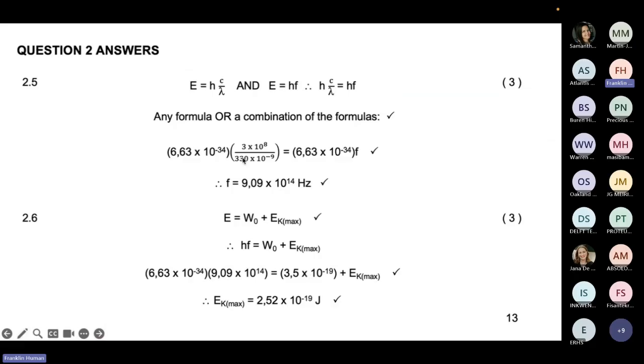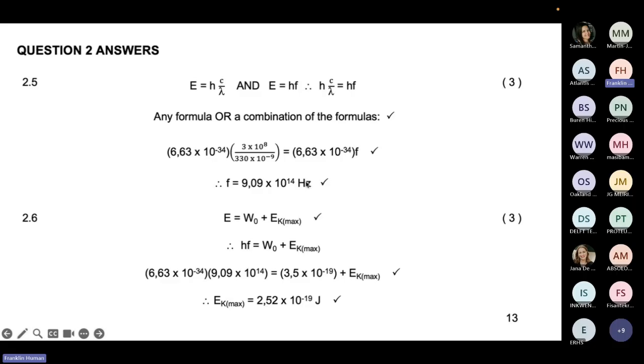That is why it is 330 times 10 to the power negative 9, so that this value is now in meters. That is equal to hf. Again, h is Planck's constant, 6.63 times 10 to the power negative 34, and then frequency f is my unknown. If I rearrange my equation, I get the value for frequency, which is 9.09 times 10 to the power 14 hertz. Right.